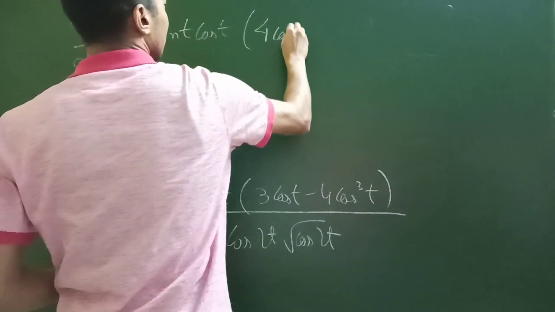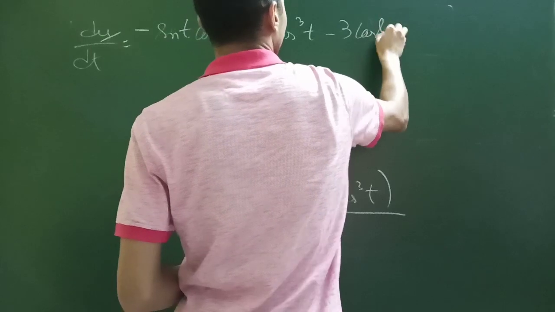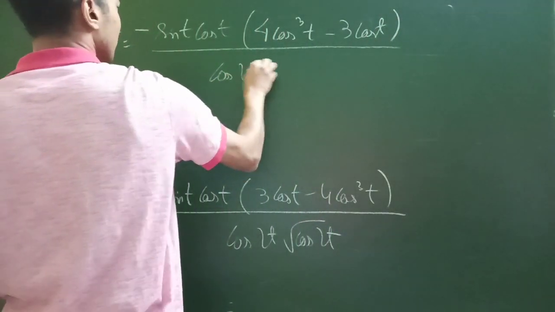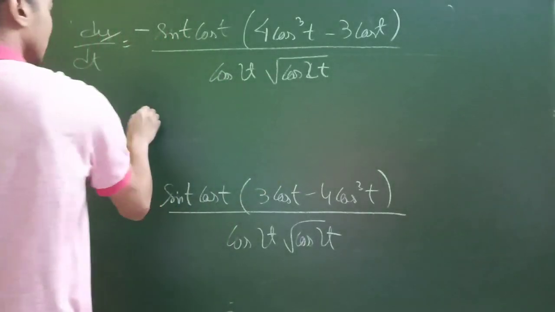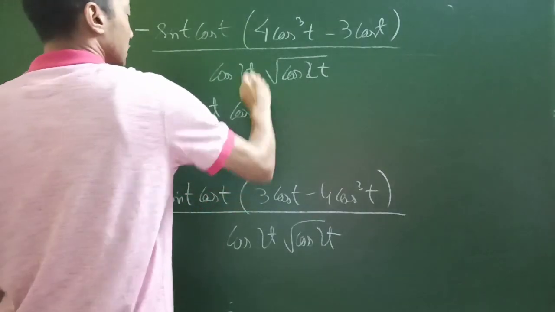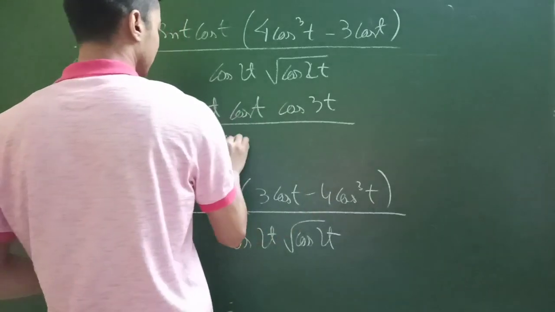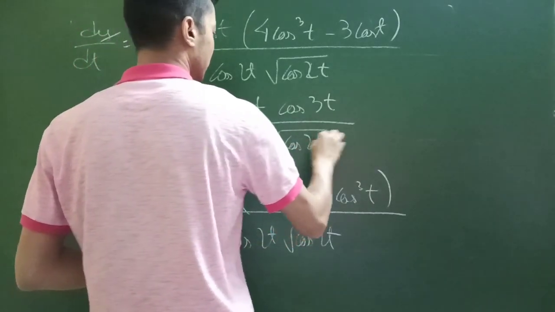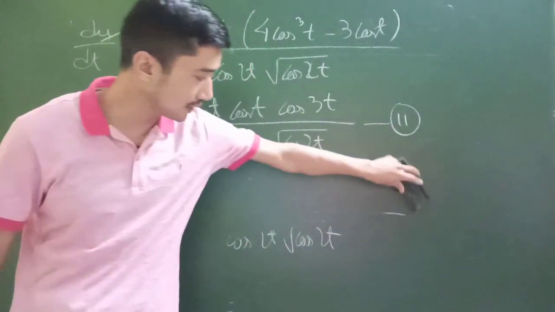Then only it's going to be 4 cos cube t minus 3 cos t over cos 2t root over of cos 2t. So this becomes cos 3t divided by cos 2t root over of cos 2t. Okay, this is your derivative of the second function.